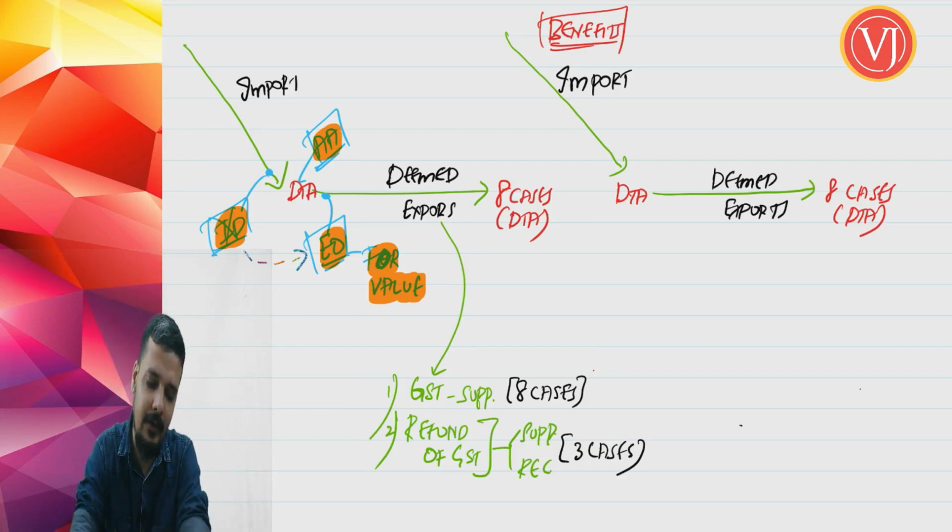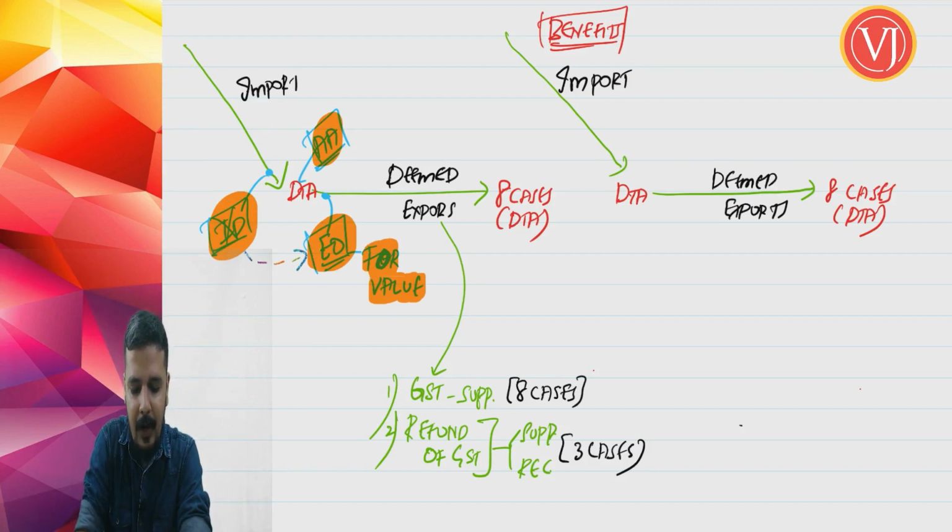Our focus was that even a person who is making deemed exports can apply for advance authorization, not EPCG. He will not pay import duty, but he has to fulfill his export obligation in FOR value, free on road value, for deemed exports.